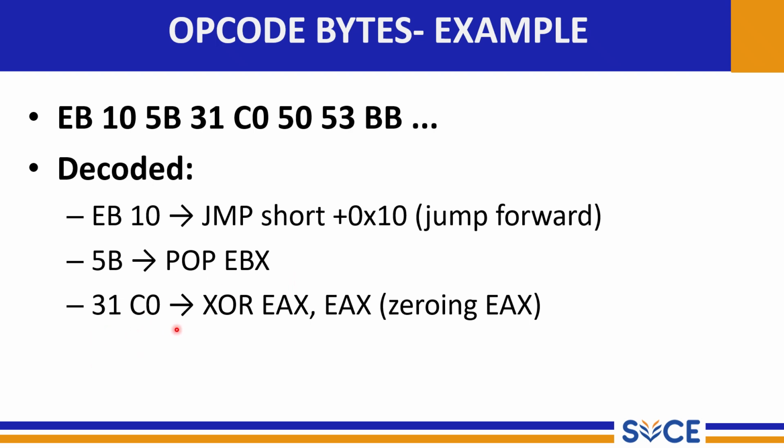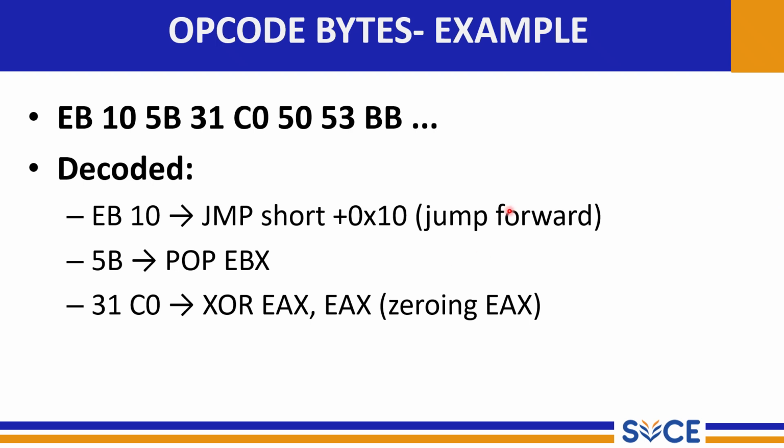And then 31C0 is XOR EAX, EAX, which zeroes the EAX value. So when you're decoding all these, you'll get registers that are used for memory addressing or for instruction purposes.